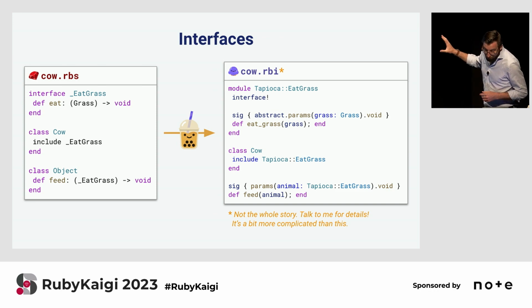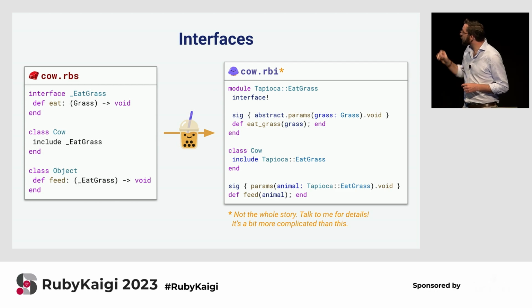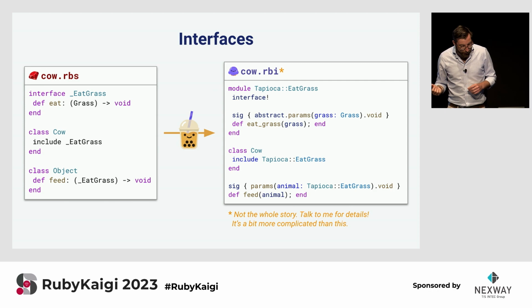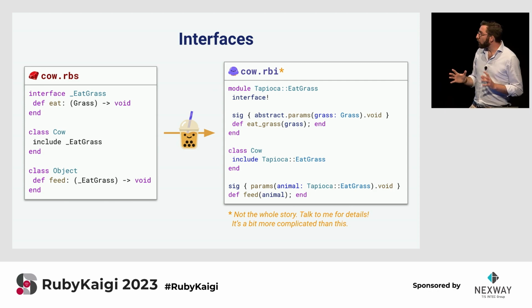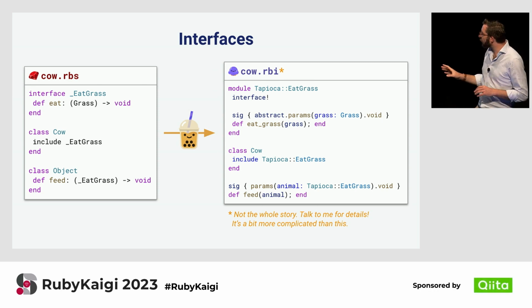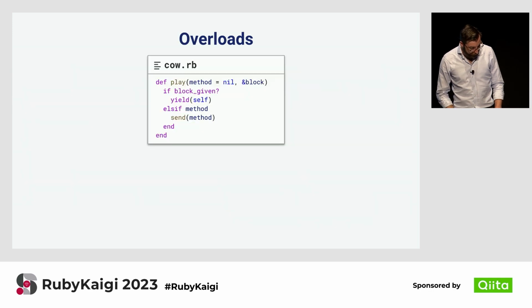With Sorbet, what we're going to do is to create a module that is marked as interface, that's going to have this abstract method here and include it in the cow. So that still works. It's nominal typing. That means we attach a name to this thing, and it's represented as a module that is an interface. It's slightly more difficult than this. I don't have the time to tell the whole story, but if you're interested in how it works, come to see me after my talk.